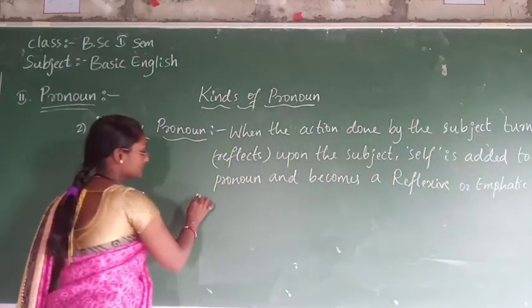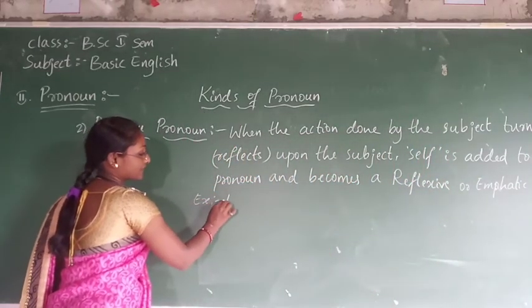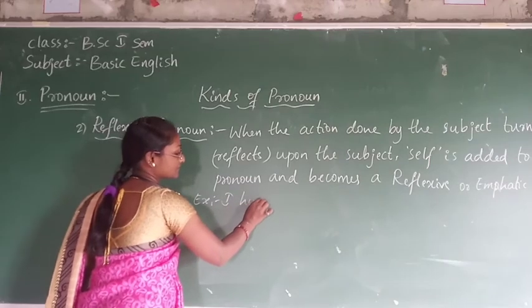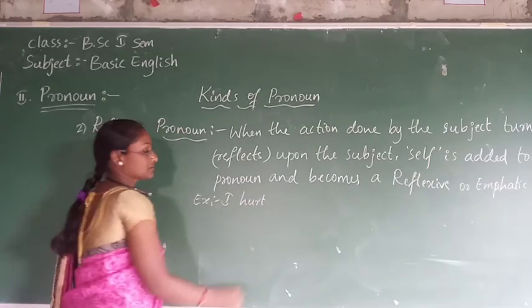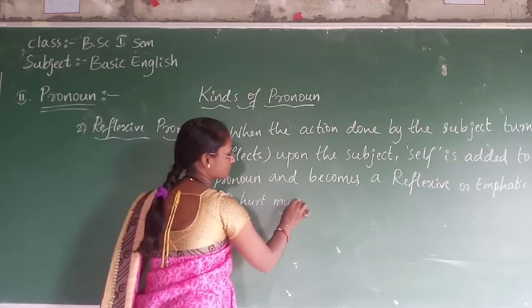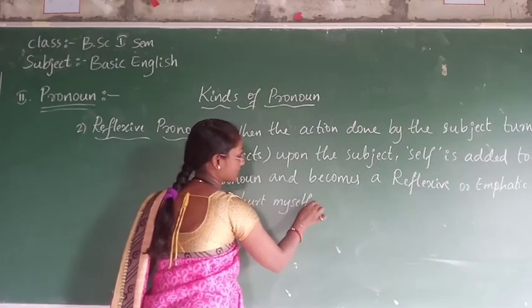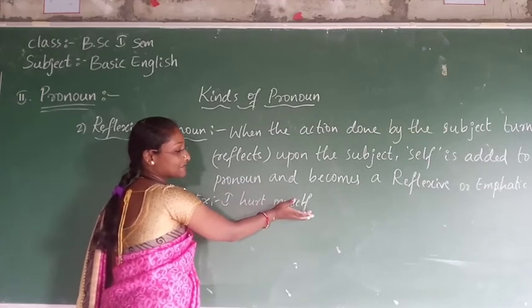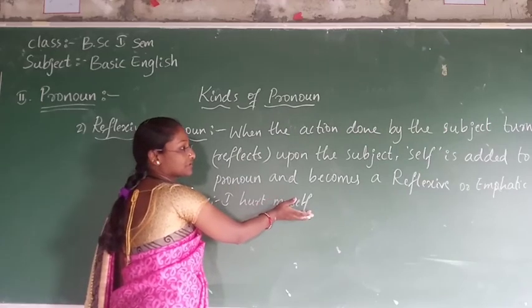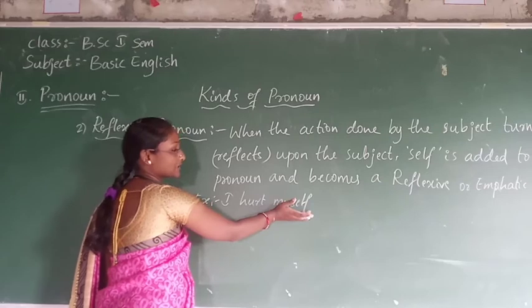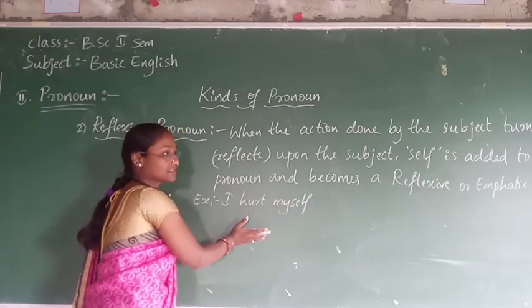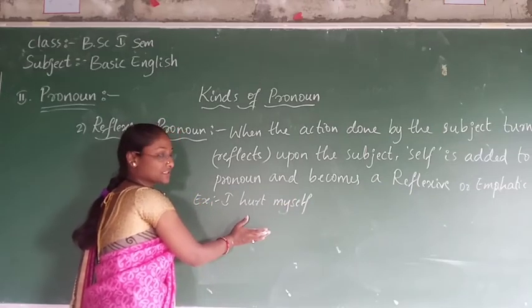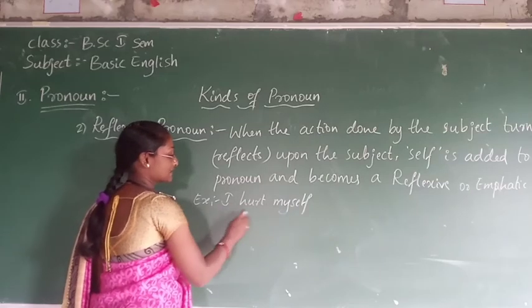For example, I heard myself. Here we added the word self to I, my. Self is added to the pronoun and becomes a reflexive or emphatic pronoun. I heard myself.